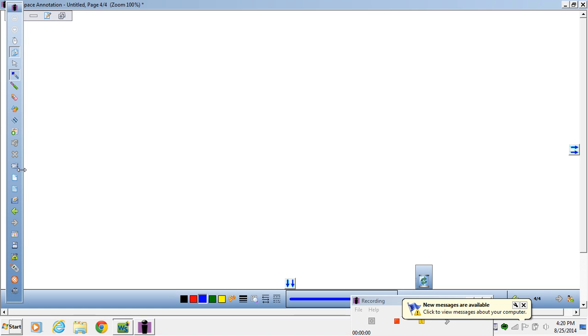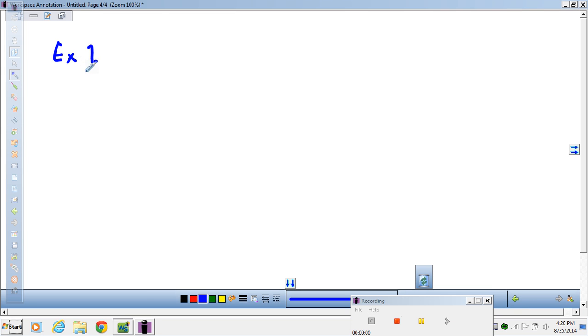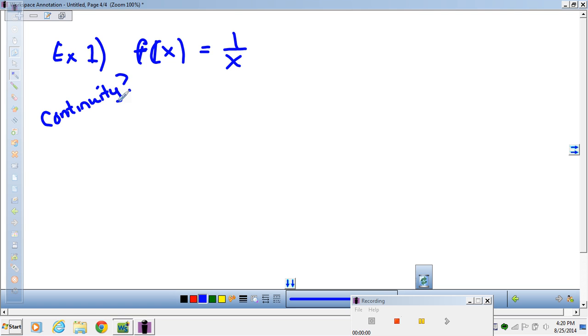Alright, let's look at some examples. Example 1. I have the function f of x equals 1 over x. Let's discuss the continuity. Well, I know this has a vertical asymptote at x equals 0.